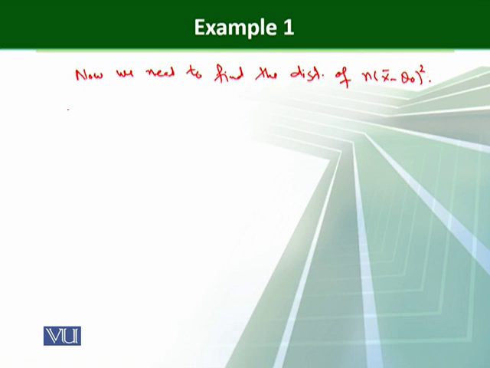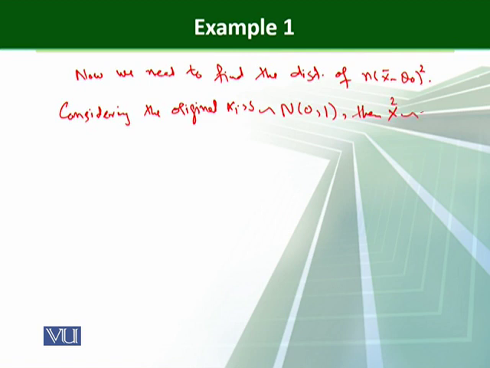Considering the original xi's, we know that if X follows the normal distribution with mean 0 and variance 1, then X squared follows the chi-square distribution with 1 degree of freedom.